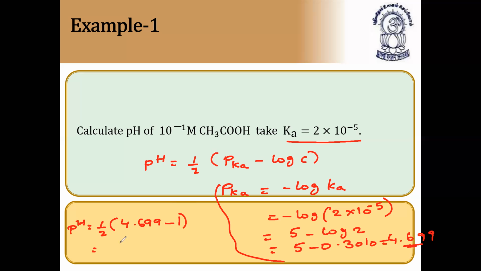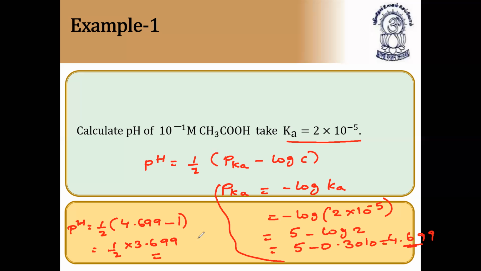So that is equal to 4.699 minus of minus 1... Equal to 1 by 2 into 3.699, which is approximately 3.699 divided by 2. So it is equal to 2.85 approximately.